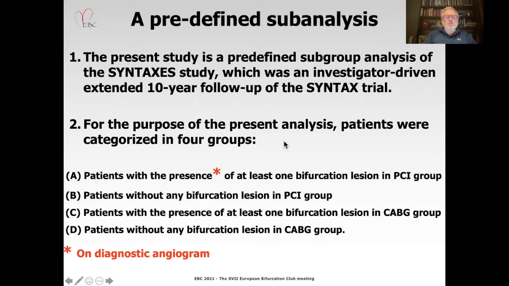For the purpose of the present analysis, patients were categorized in 4 groups: PCI with at least one bifurcation on the diagnostic angiogram, PCI without bifurcation, CABG group with at least one bifurcation on the diagnostic angiogram, and CABG group without bifurcation.